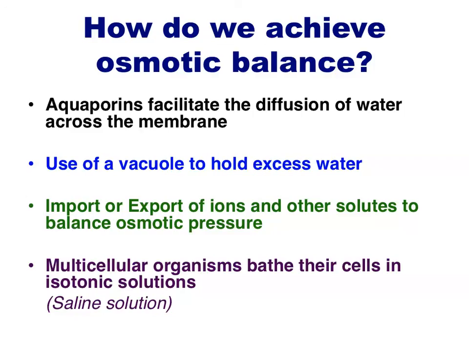Of course, some cells in our body must import or export solutes in order to make sure that this fluid really is isotonic. The osmolarity of our fluids is yet another condition that our body tries to maintain at a stable homeostatic level.